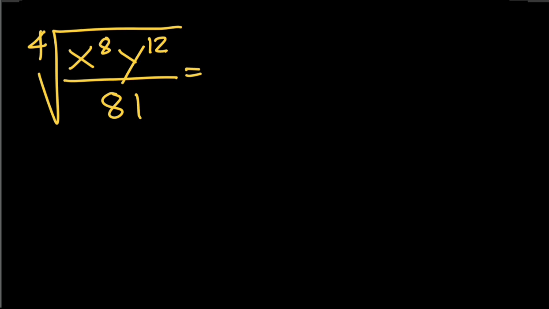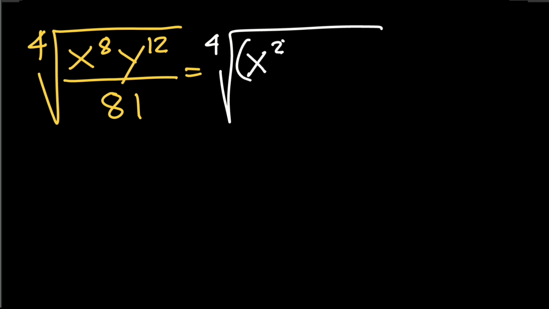How about this one? Fourth root of x to the 8th y to the 12 over 81. So we can write x to the 8th as x squared to the 4th.